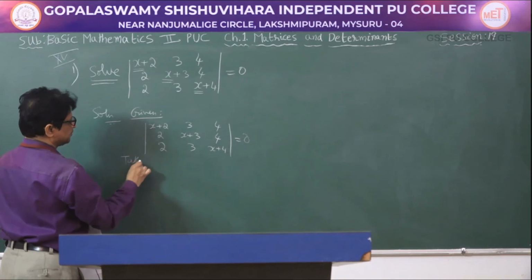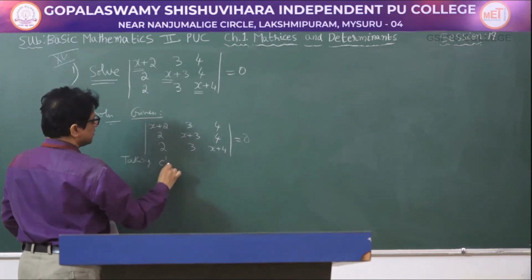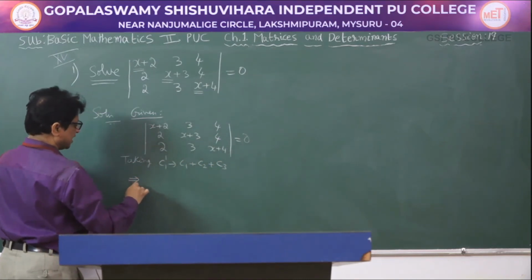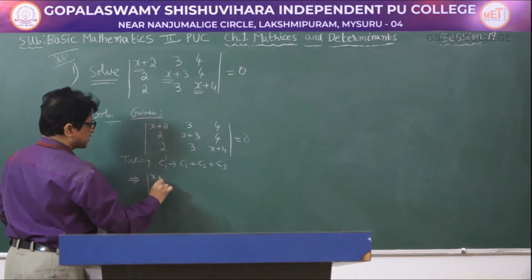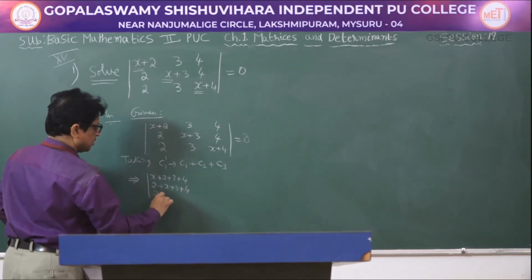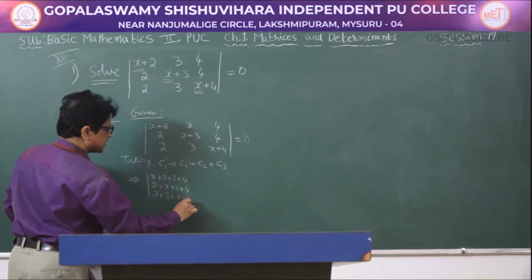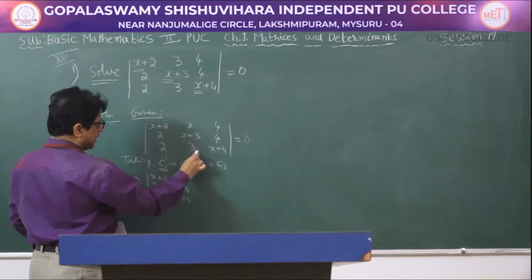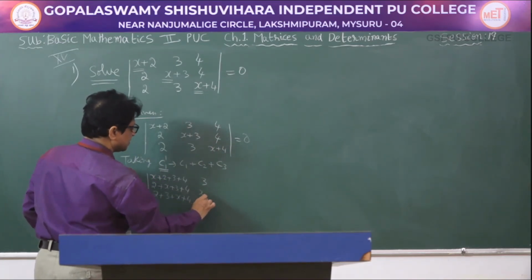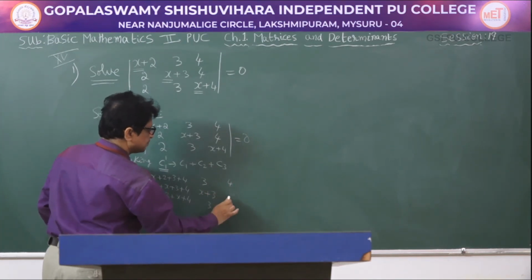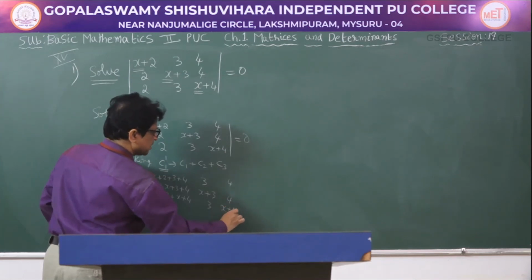So, taking C1 dash as C1 plus C2 plus C3. So, that implies determinant of x plus 2 plus 3 plus 4, 2 plus x plus 3 plus 4, 2 plus 3 plus x plus 4. So, the change is taking place only in C1. Remaining two columns you have to write as it is, 3, x plus 3, 3, 4, 4, x plus 4.